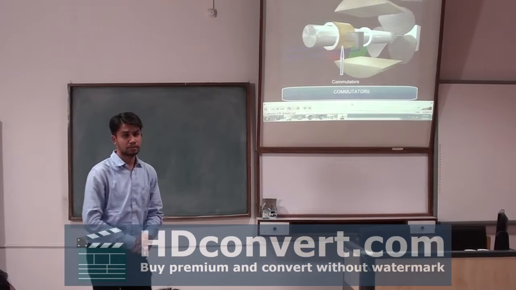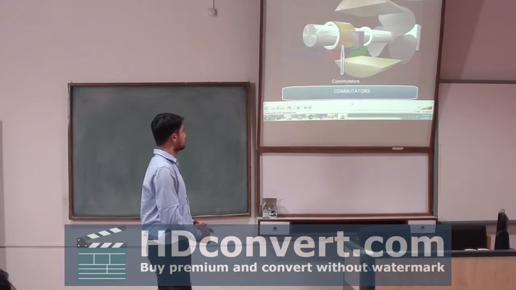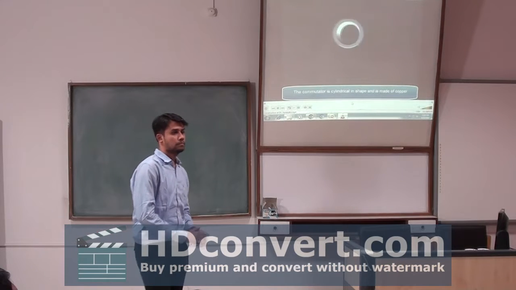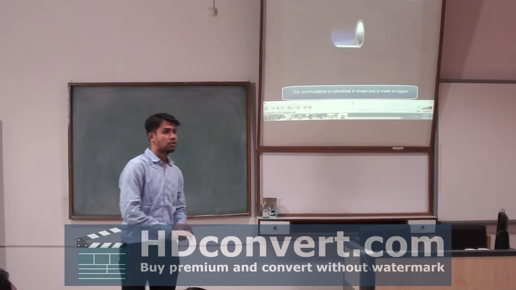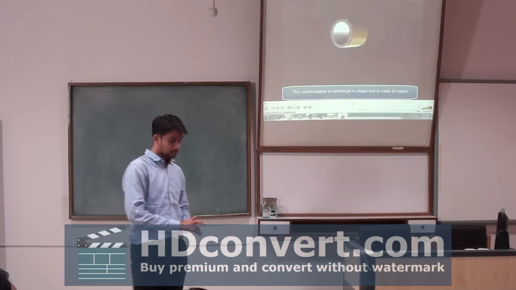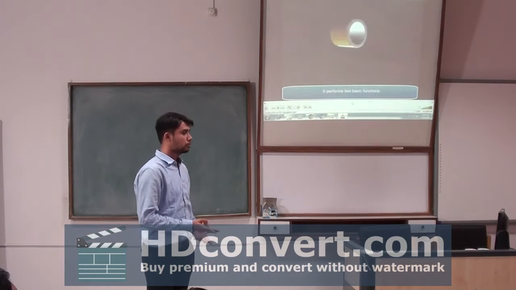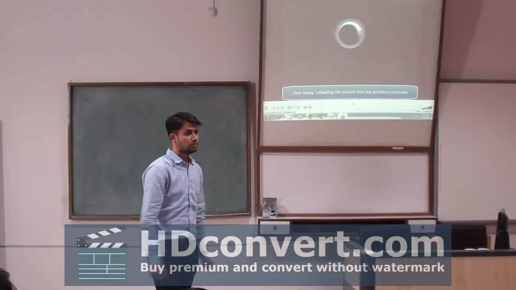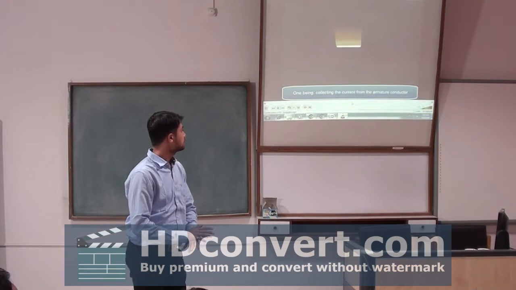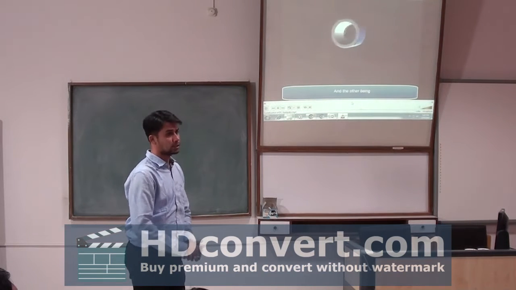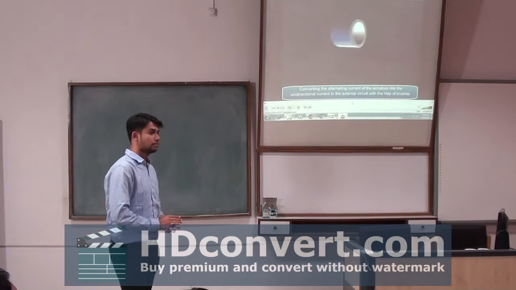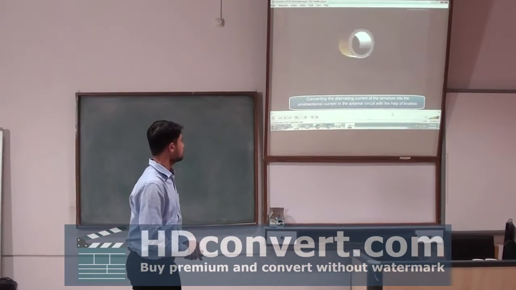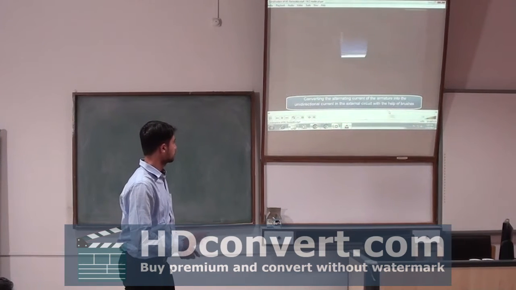Commutator. Commutator segment. The commutator is cylindrical in shape and is made up of copper segments. It performs two basic functions. One being collecting the current from the armature conductor, and the other being converting the alternating current of the armature into unidirectional current in the external circuit with the help of brushes.